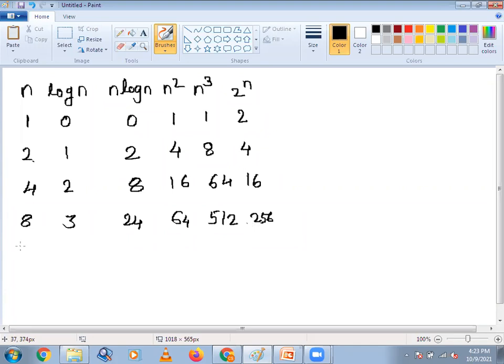Then suppose n is equal to 16, then log n is equal to 4, here n log n 64, then n square, that is 256, n cube, that is 4096, and 2 raised to 16, that is 65,536.